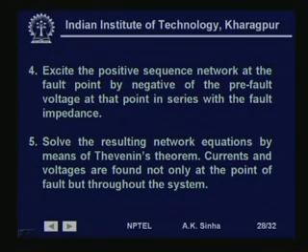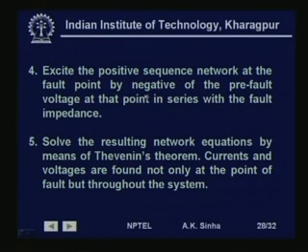Now, at the fault point we connect a voltage source equal to the negative of the open circuit voltage at that point, which we found using Thevenin's theorem, in series with the fault impedance, between the fault point and the reference. So, this is how we do that.